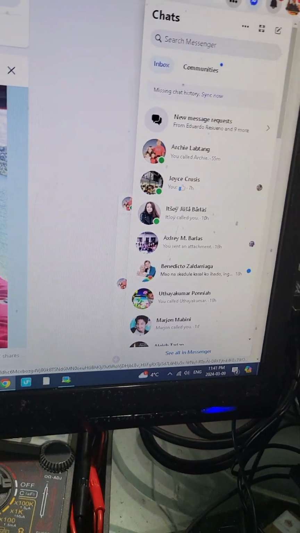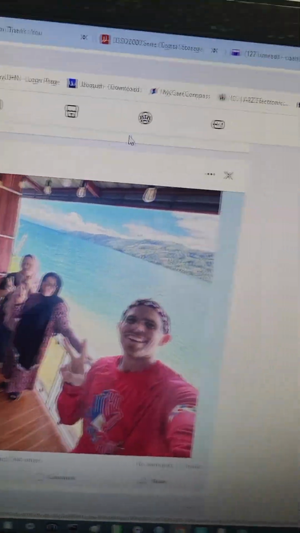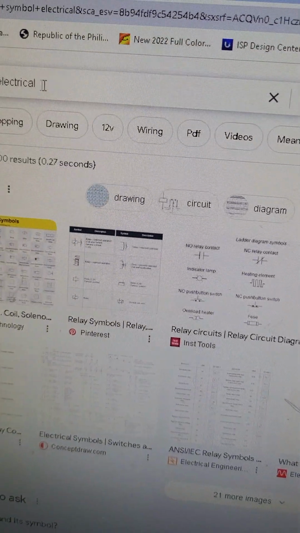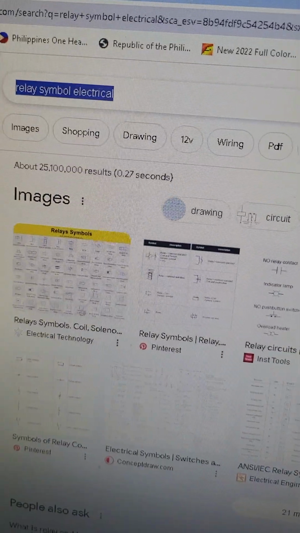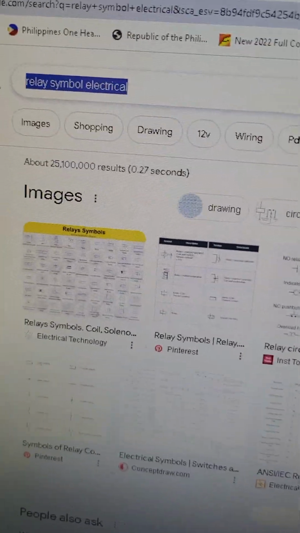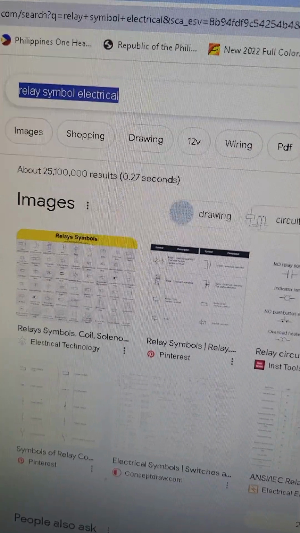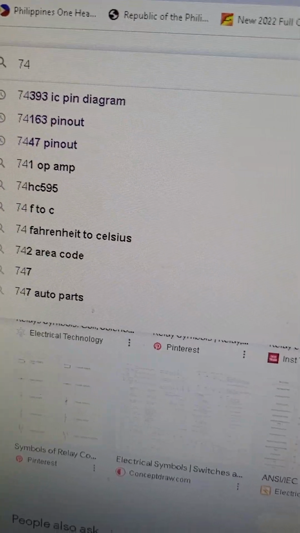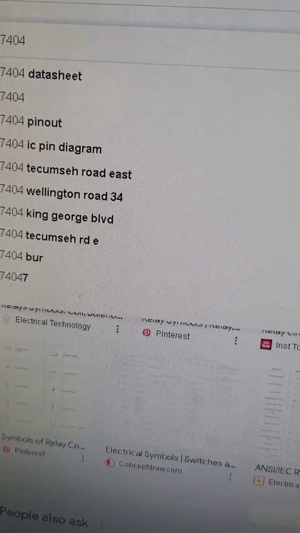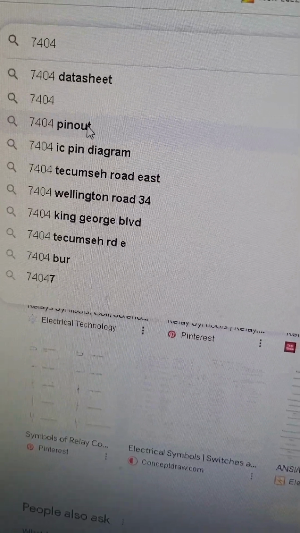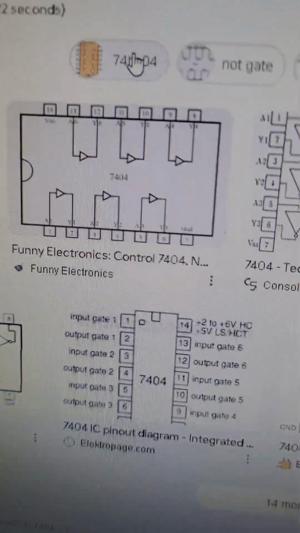If you want to, I will show you the actual pinnings on the internet. They say 7404 pin out. Okay, so yeah, that one.